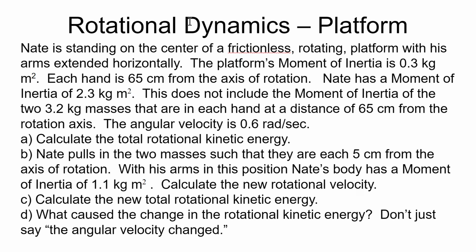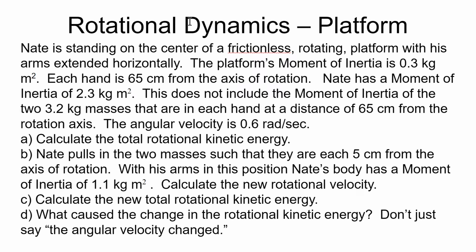Our task: calculate the total rotational kinetic energy, and then we're going to have Nate pull the two masses towards the axis of rotation until they're only 5 centimeters away. Nate will have a new moment of inertia for his body, 1.1 kilogram meters squared. We want to know the new rotational velocity.